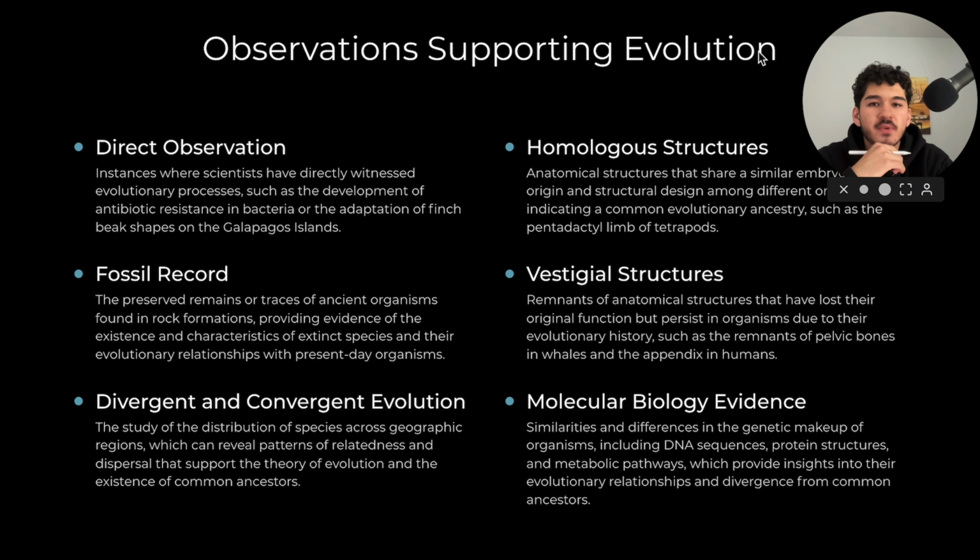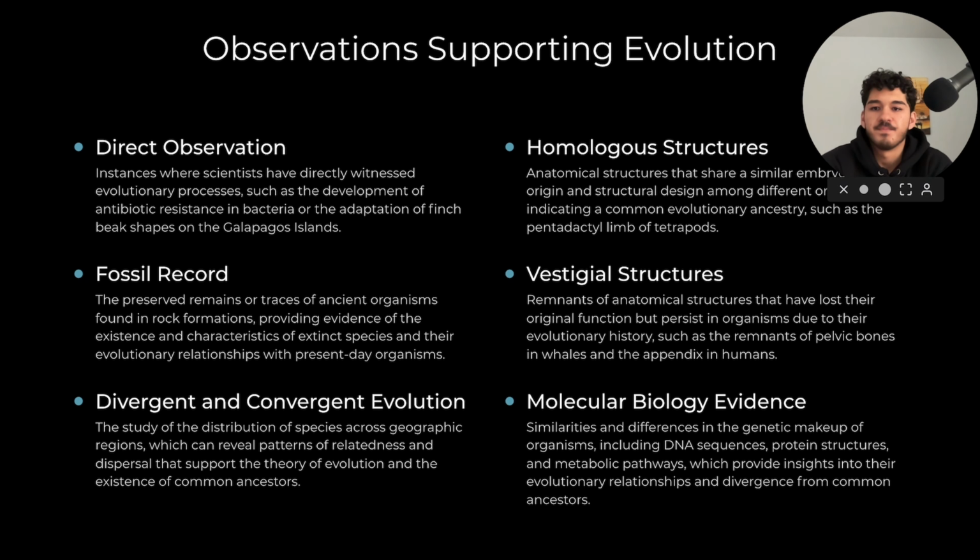So there are some observations that support evolution. We don't worry about all these big definitions here. They're just there for you to know, but we will dive into the very important ones. So direct observation, that's just what Charles Darwin did on the island. He observed directly the differences, and also antibiotic resistance. We observed that.